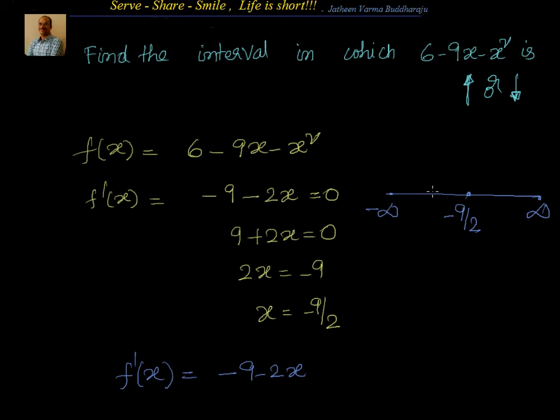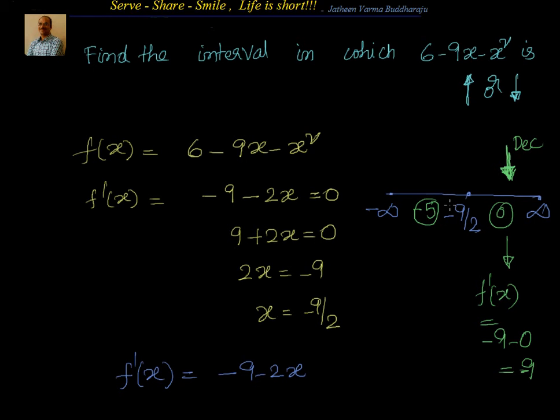We will check, let us say, x equal to minus 5 here, and x equal to 0 here. If I check here, f dash x is equal to minus 9 minus 0, that's equal to minus 9. So the slope is negative, which means this is the interval in which the function is decreasing.